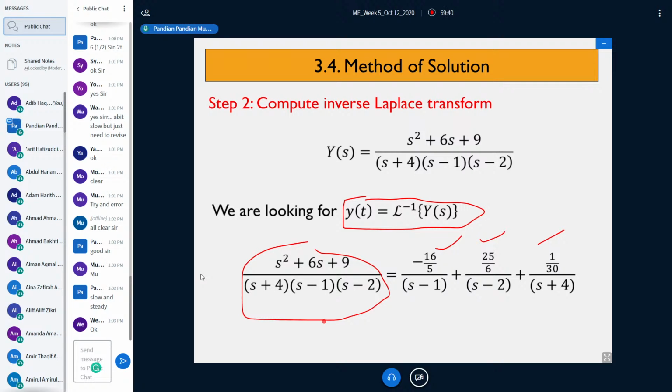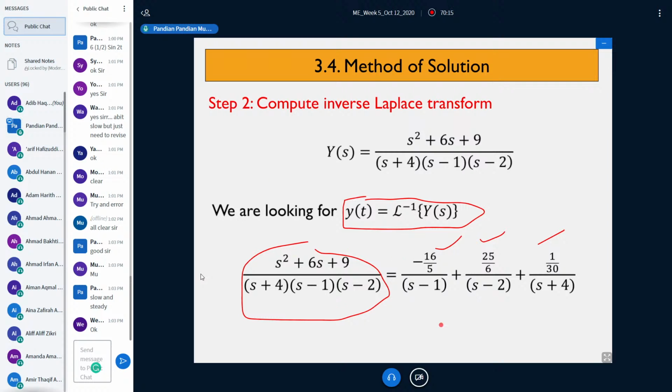So 30 divided by 5, 6. So minus 96 plus 125 plus 1. So 125 minus 95 is 30. So 30 over 30 is equal to 1. So correct.